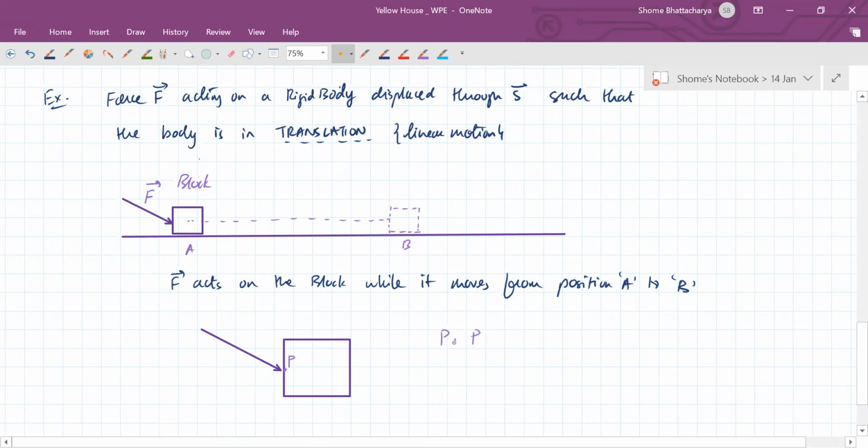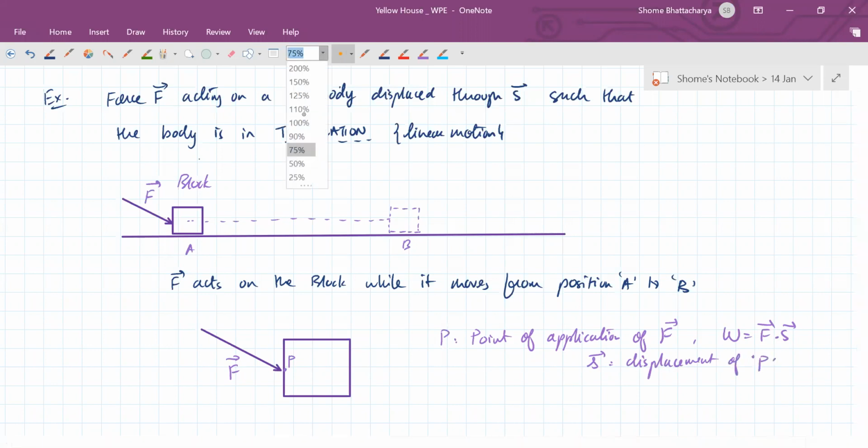P is the point of application of the force F. And we will define the work done by F as F dot S, where S is the displacement of that point.